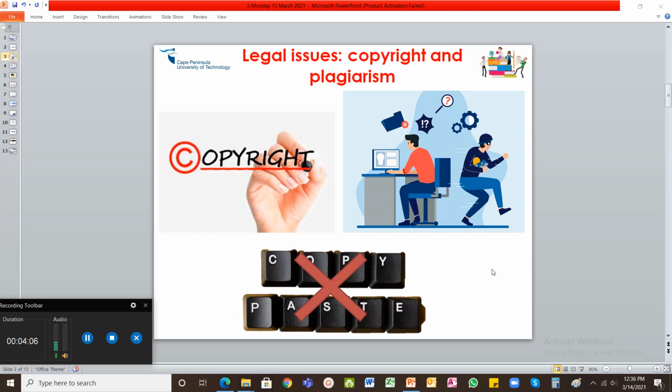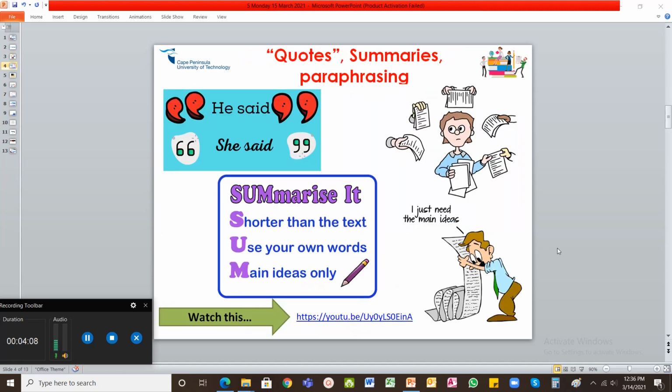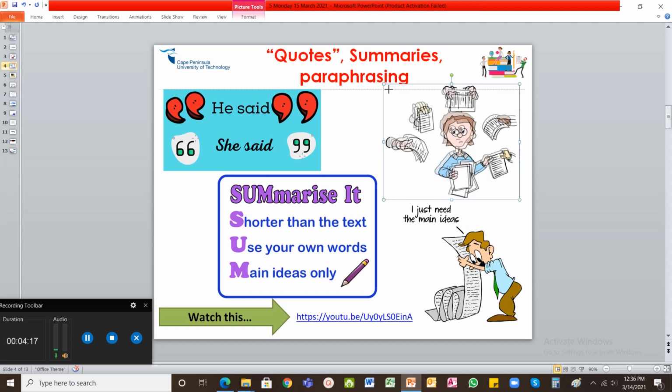To avoid plagiarism, we're going to look at three areas in which you are allowed to make use of another author's work, and that is known as quotes or quotations, summaries, or paraphrasing. Quotations are when somebody says something so profound that you cannot change the words.